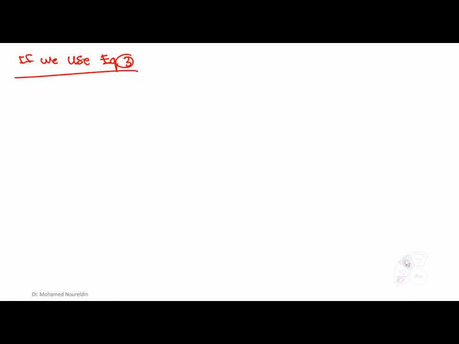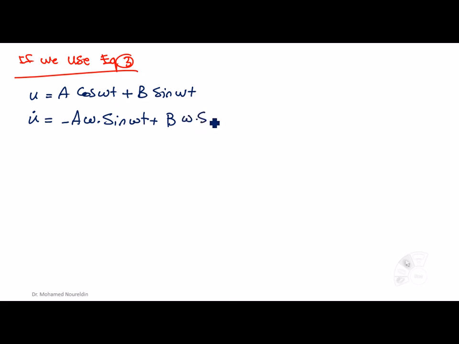What will happen for our equation of motion? In this case, we have u equals a cosine omega t plus b sine omega t, and u dot is going to be minus a omega sine omega t plus b omega cosine omega t, right?